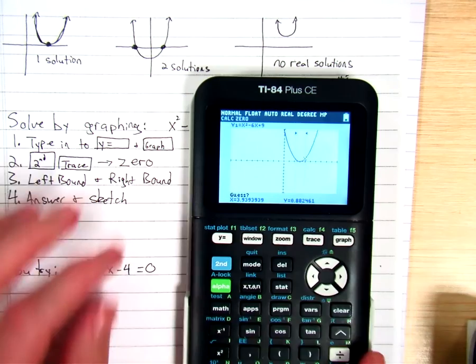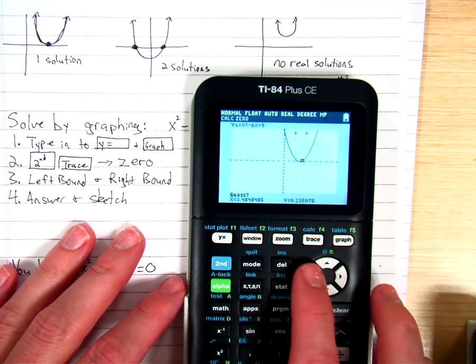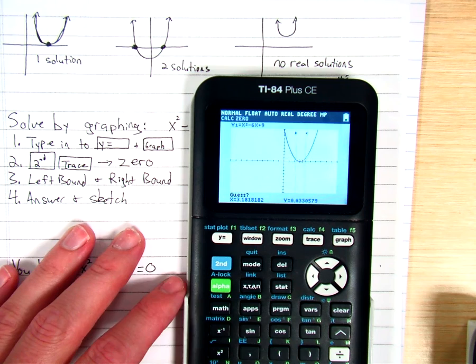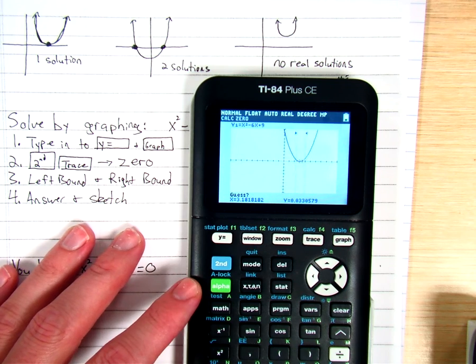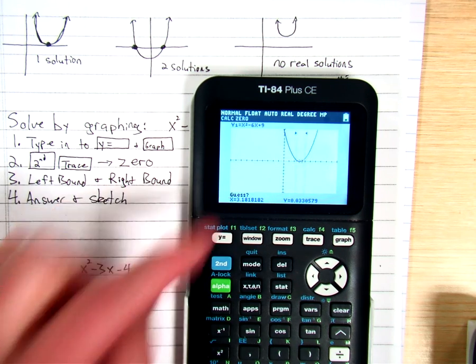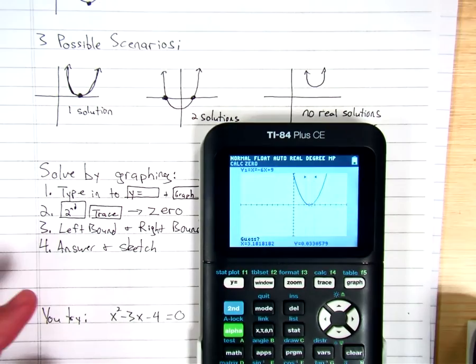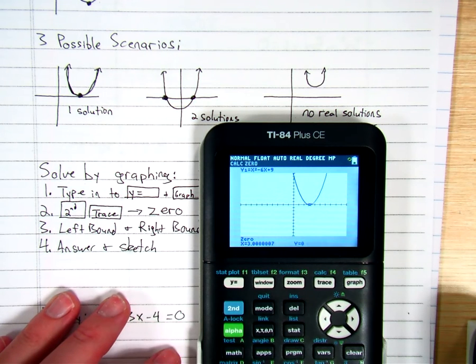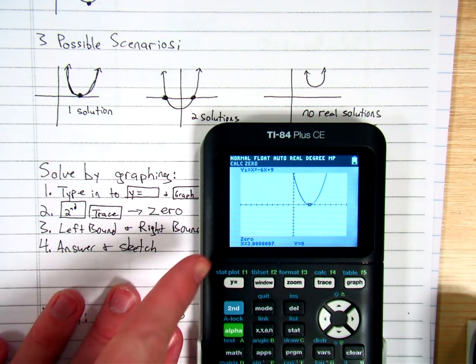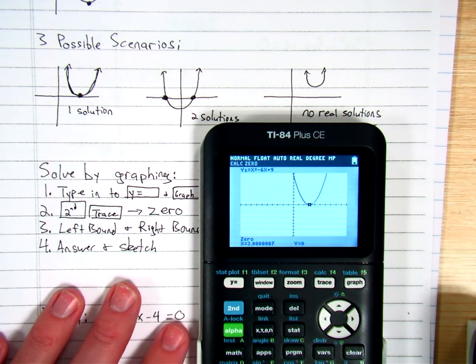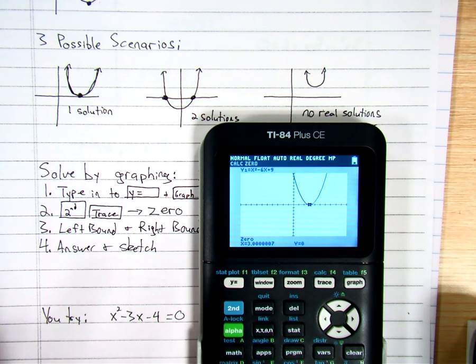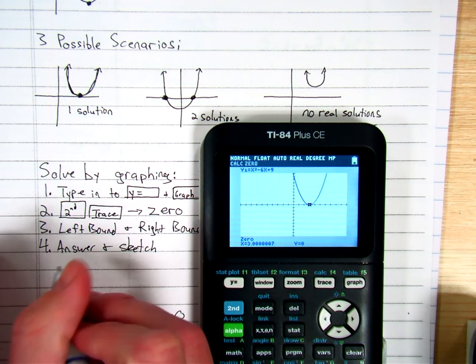We're going to go back to the middle spot a third time where we think it touches the x-axis and hit enter a third time. That says guess. That's giving your calculator a starting point to go from. Hit enter the third time, and boom, in the blink of an eye, we've got 3.000007, comma 0. You might have 2.99999 something, comma 0. The answer is 3, comma 0.